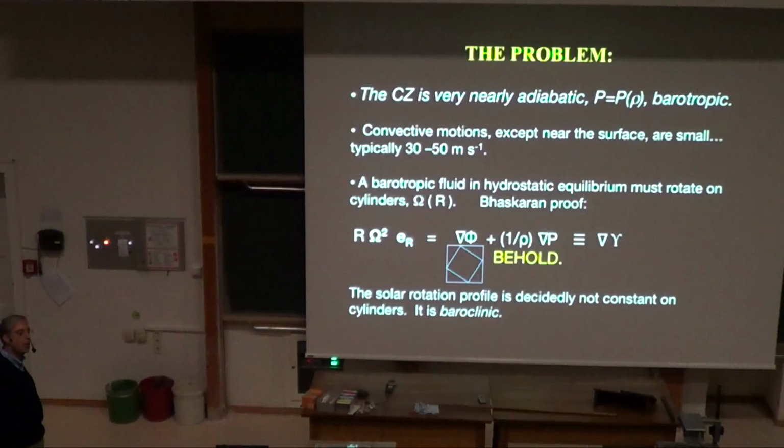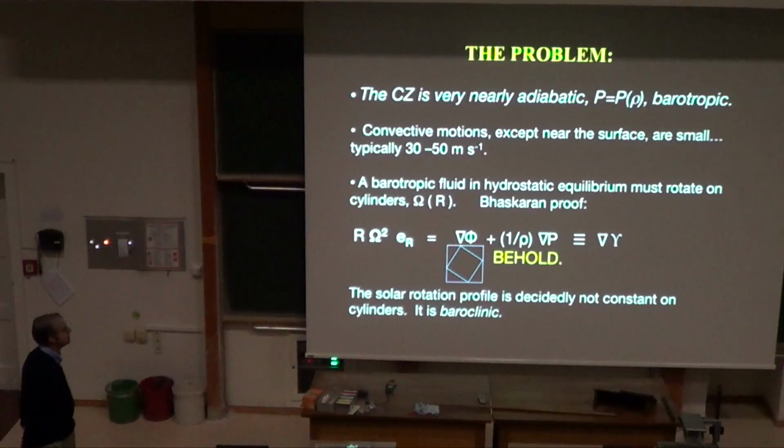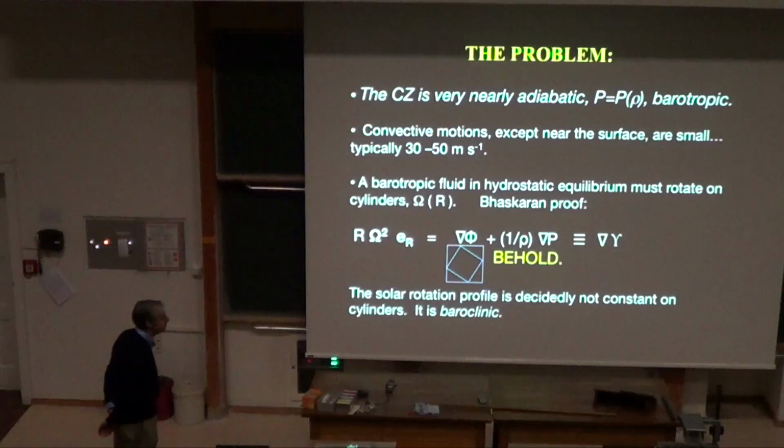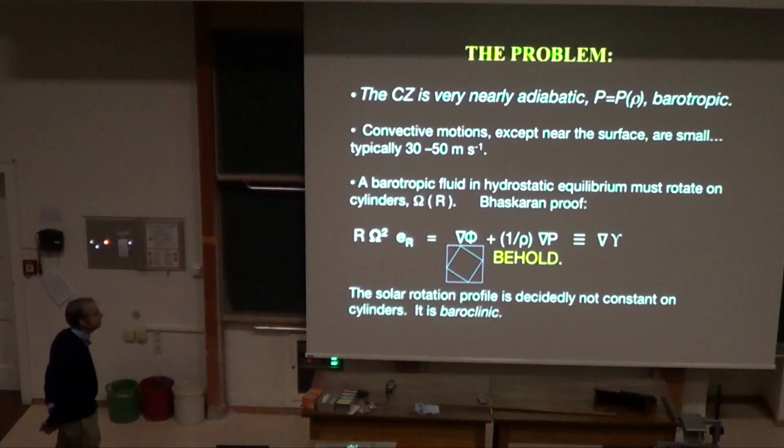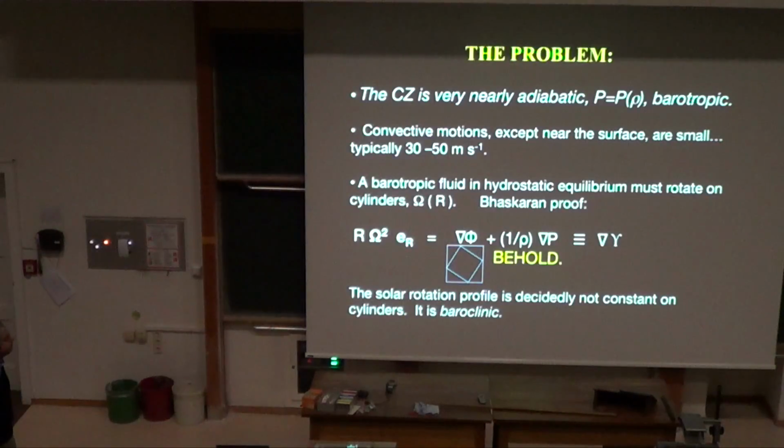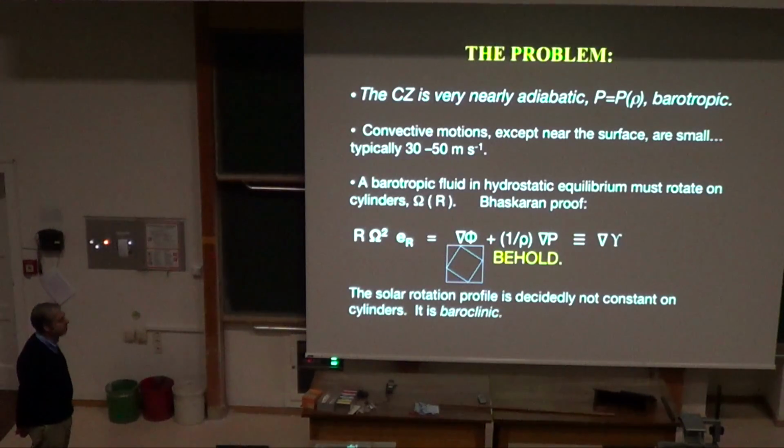We would have a so-called barotropic equation of state. Now the convective motions, except for this near surface shear layer, are typically very small, measured in units of tens of meters per second. Now, a barotropic fluid in hydrostatic equilibrium can be shown must rotate on cylinders.